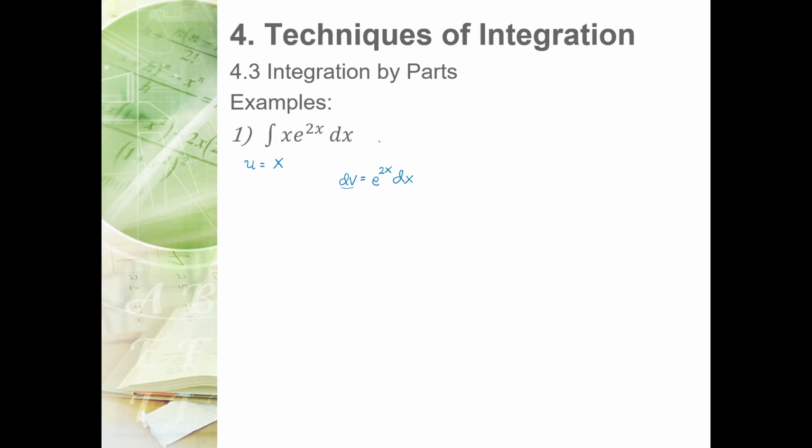Next step is, since there's a portion in the previous slide that we need to integrate dv, it's possible to integrate dv. Integrating dv, we're going to have 1/2 e raised to the power of 2x. And then we need to derive du. So du is equal to dx. So this one is derived.